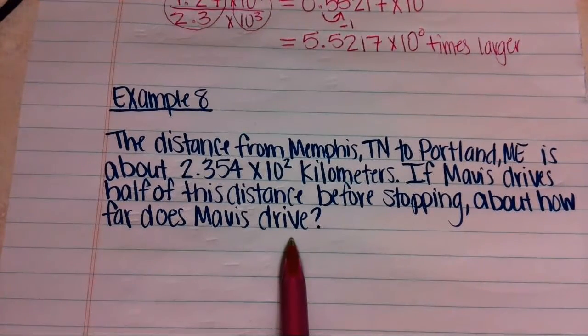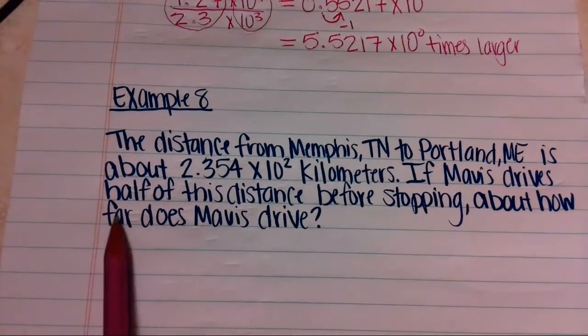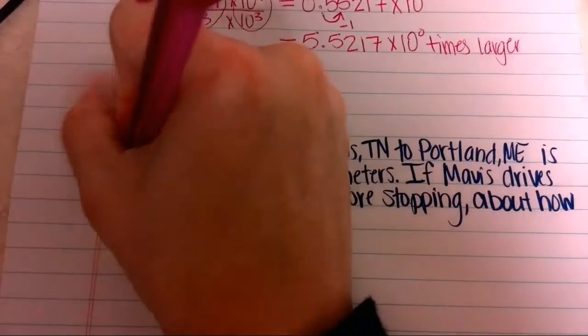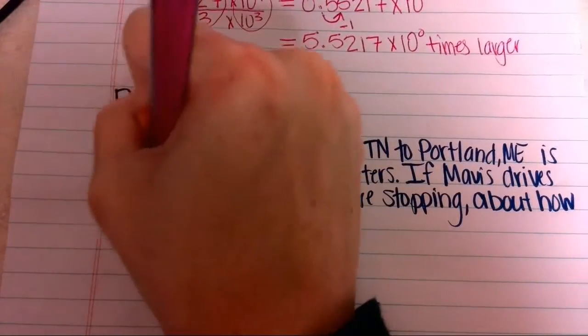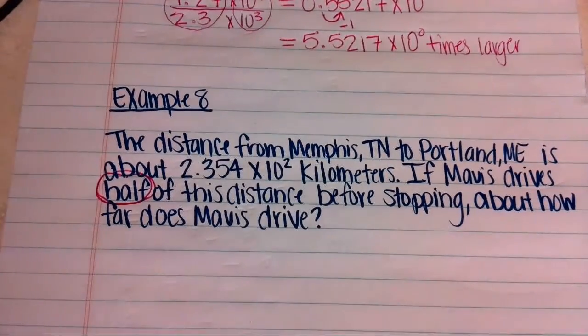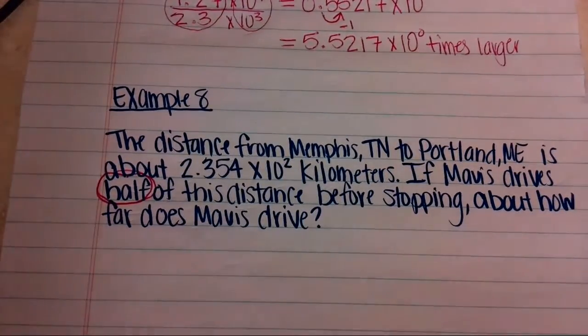That part of the question doesn't really tell me anything. So I need to back up just a little bit. It says Mavis drives half of the distance. So that word, half, tells me that I need to cut this in half. We can cut it in half by dividing by 2, so that's my hint that I need to divide.